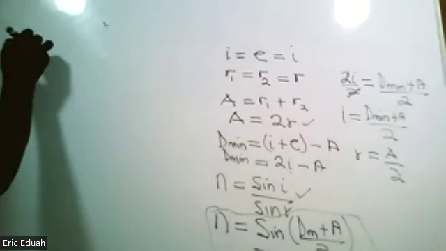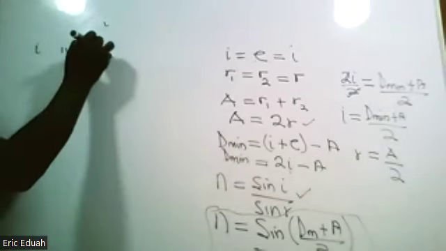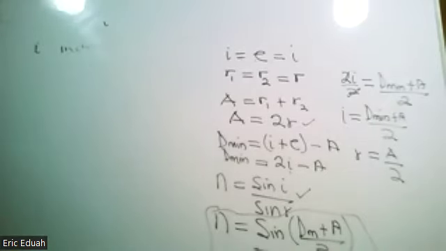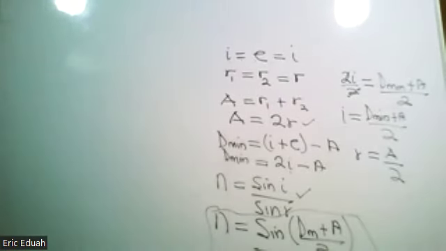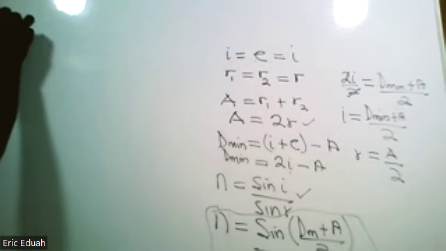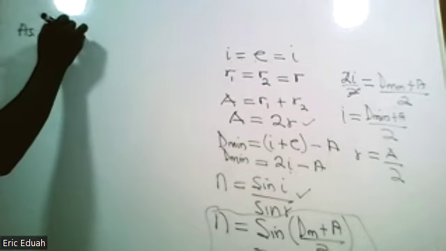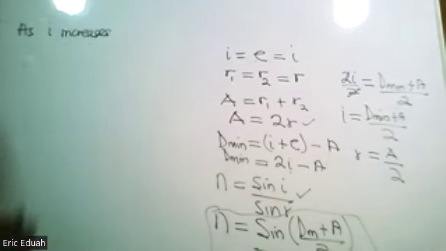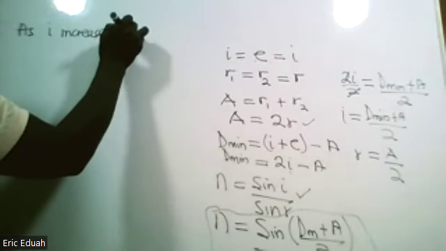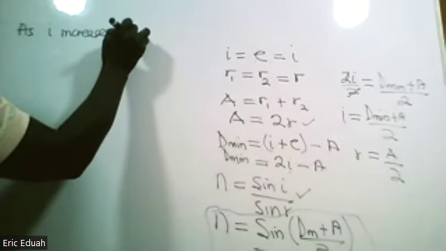So we earlier saw that as i increases, that is how we obtain the minimum deviation. We gradually increase i. So as i increases gradually, the total deviation decreases.